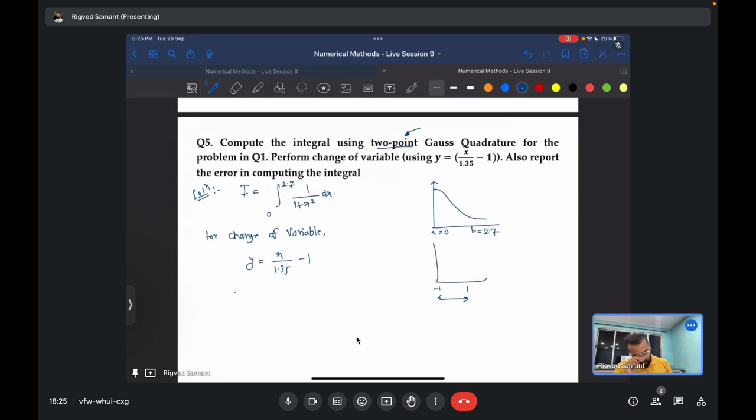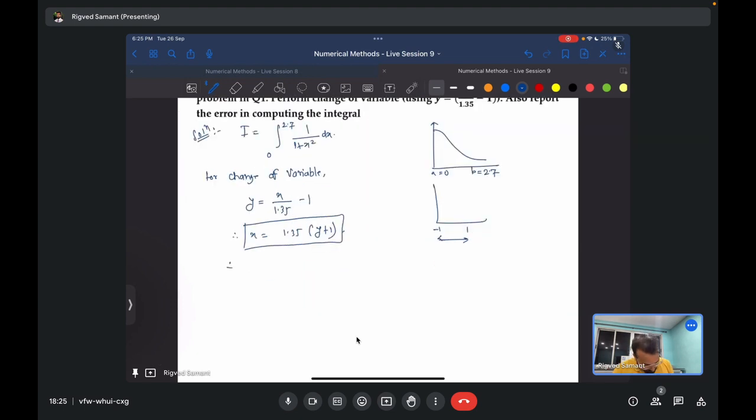Therefore x is equal to 1.35 into y plus 1. This is your x. Therefore dx is equal to 1.35 dy.